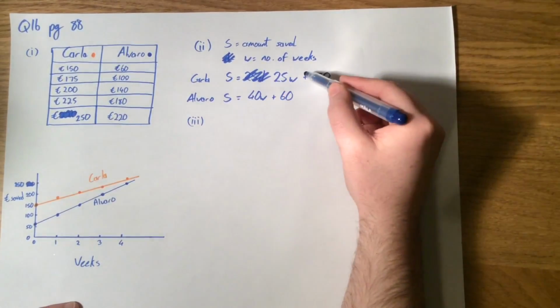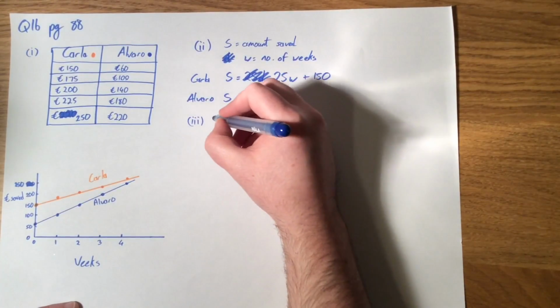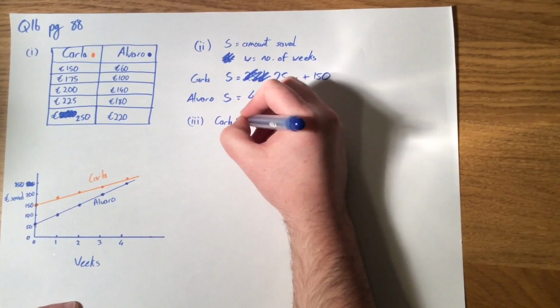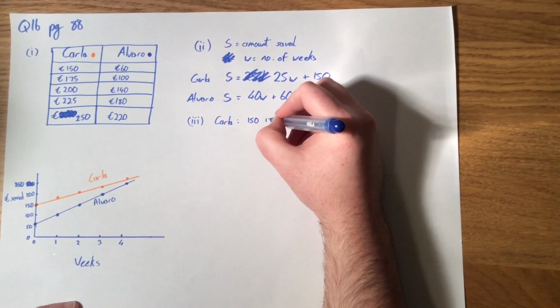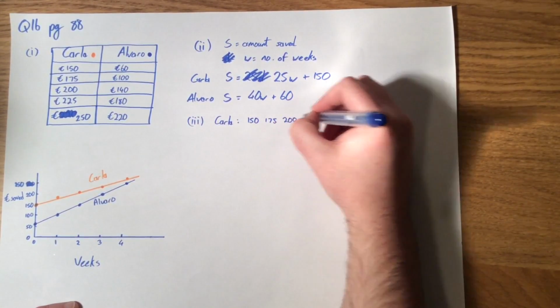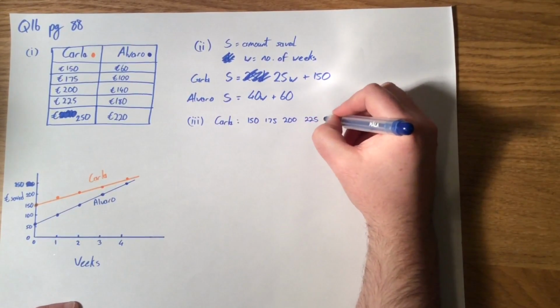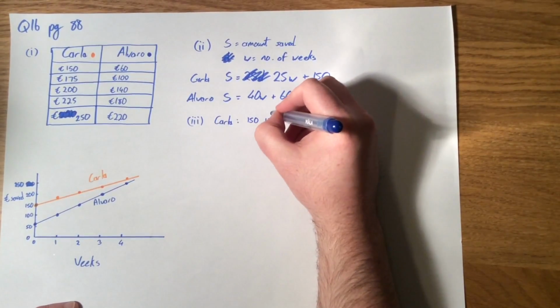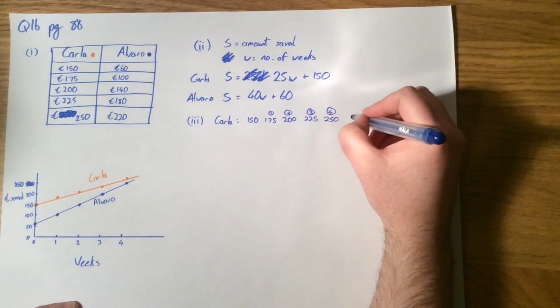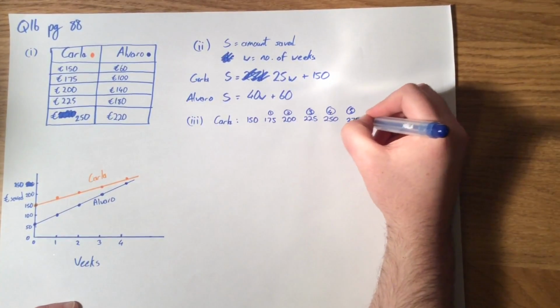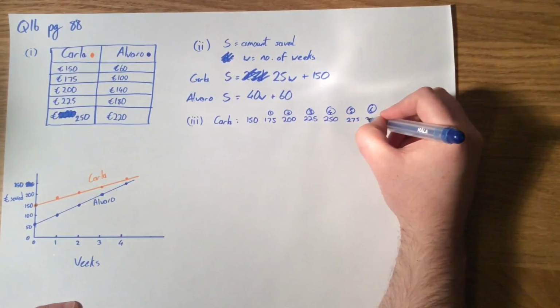You could use the formula, but I think it's easier if we start with Carla, alright, and she starts at 150, then 175, 200, 225, 250, right? That's week 1, 2, 3, 4. Then on week 5, 275, and on week 6, 300.